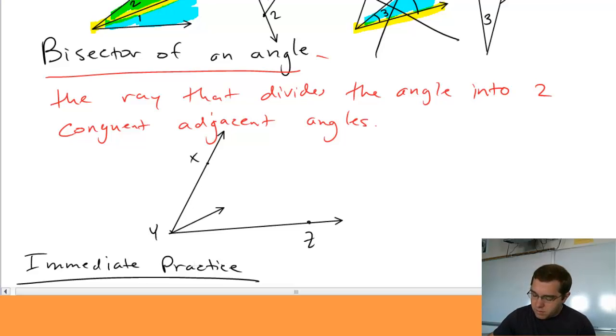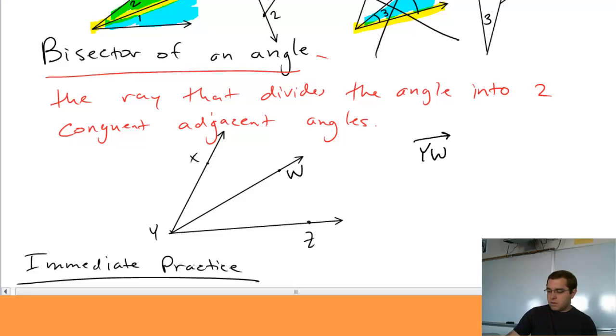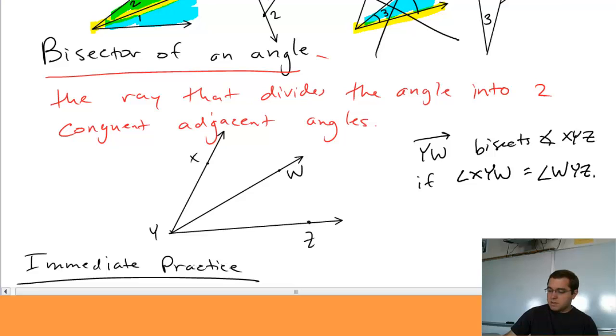And then we have this ray that goes straight through it, and maybe that's a point W. Then ray YW bisects angle XYZ if angle XYW equals angle WYZ.